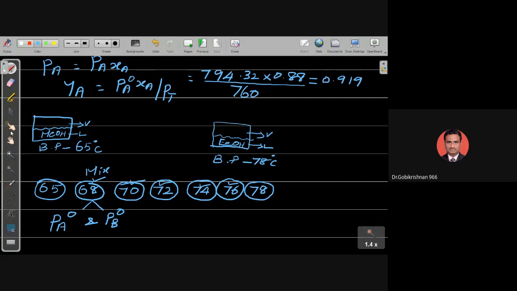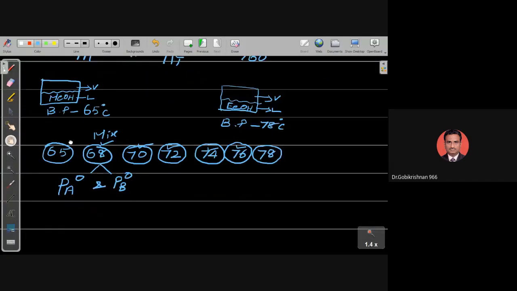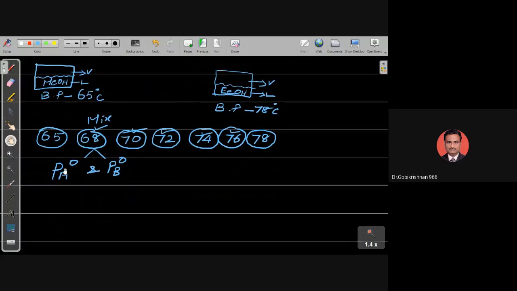After finding PA0 and PB0, you have to equate the total pressure. The total pressure is equal to the partial pressure of vapor A, that is methyl alcohol, plus the partial pressure of vapor B, that is ethyl alcohol.